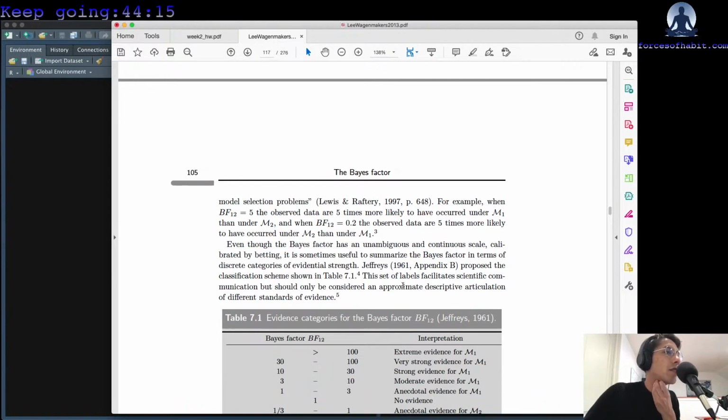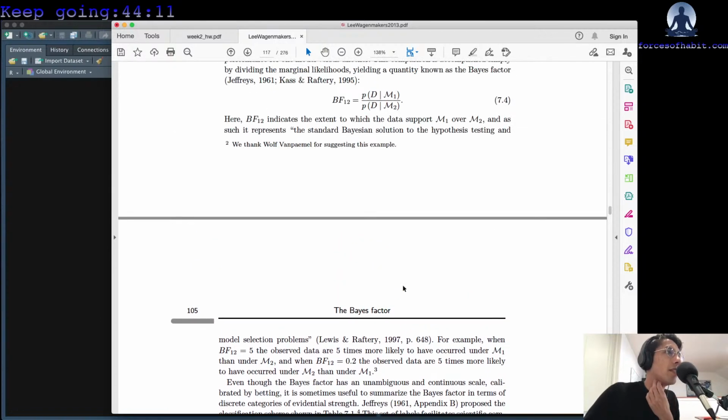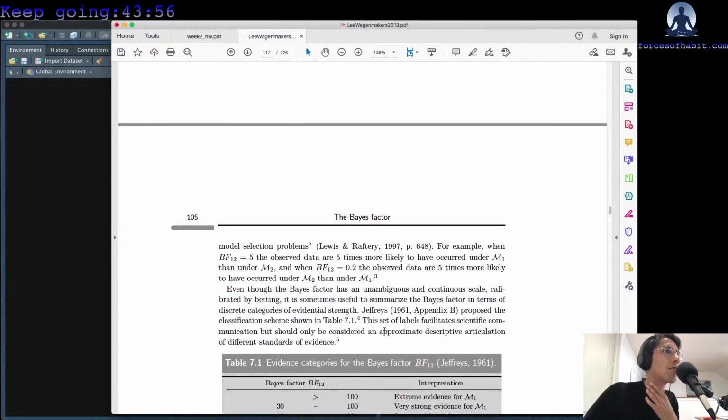And like many statistics, people over time have bickered about, is this the best approach, or is this a useful approach? And some have argued or even suggested that this could be the standard solution, or is currently the standard solution for hypothesis testing and model selection.